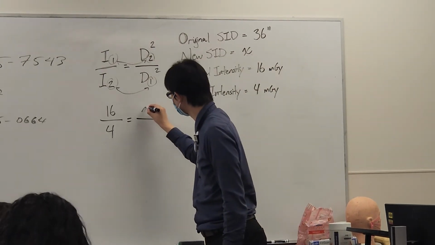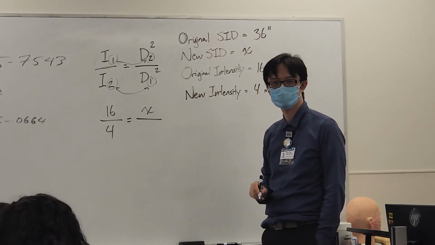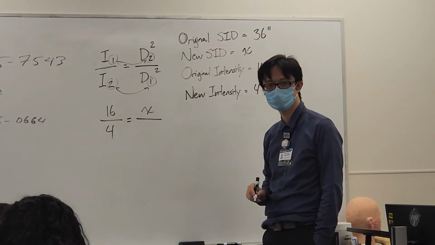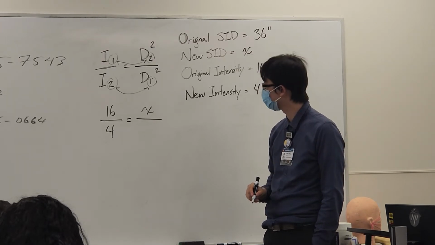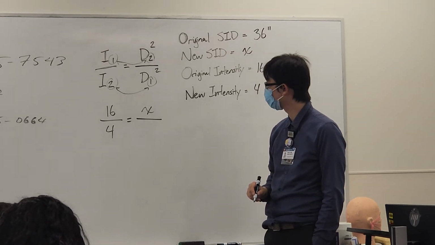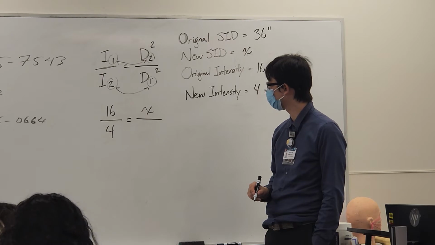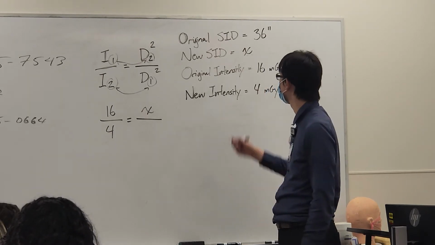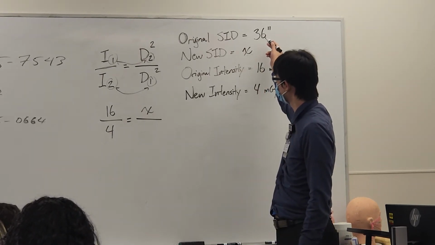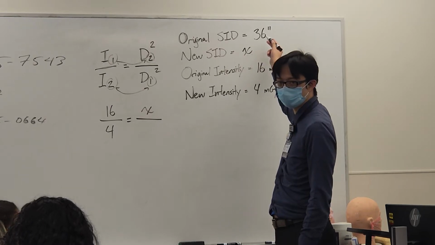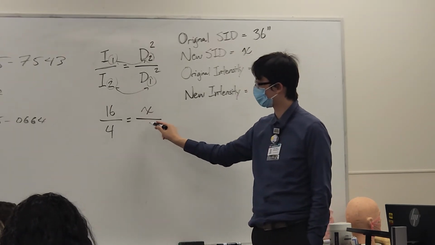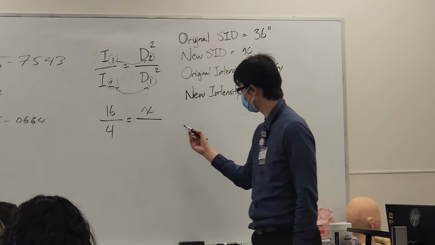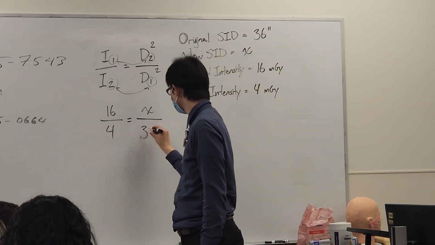So x, and distance 2 is, so original distance is 36. We'll put 36 squared. The 36 into 36. Good. So down here we have 36.